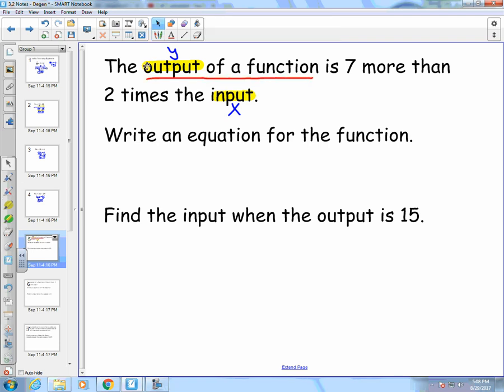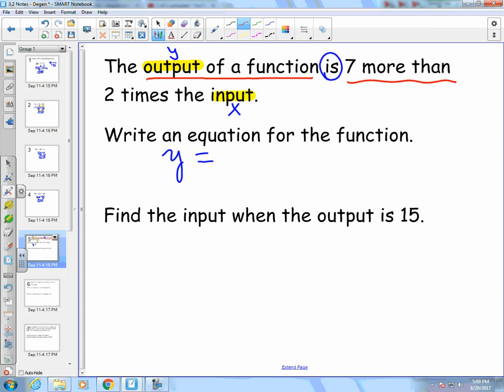That means that we're going to write y equals 7 more than 2 times the input. 7 more than means that we are adding 7, and 2 times the input will have 2x.